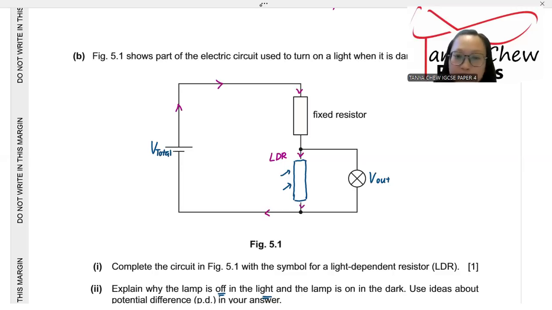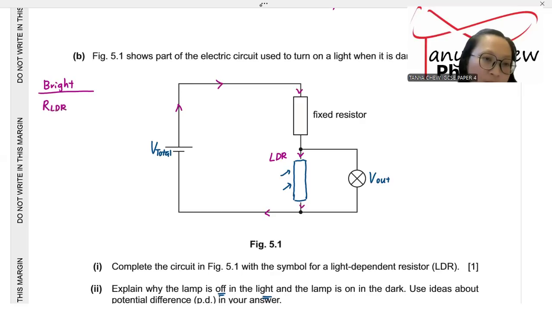Right. So during daytime, you just write, explain why the light is off in the light, okay? Bright time, I always write this first. Bright time, resistance of LDR is low. Dark, resistance of LDR is high. Right.